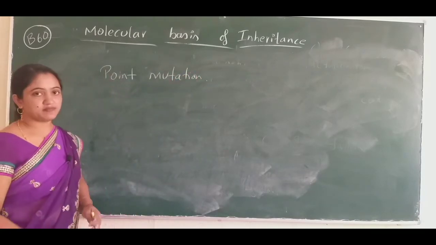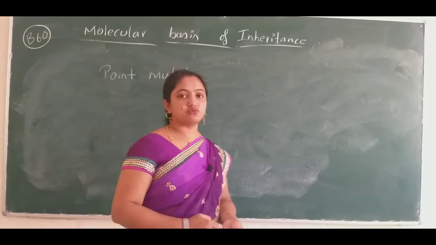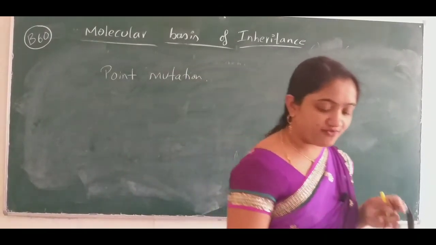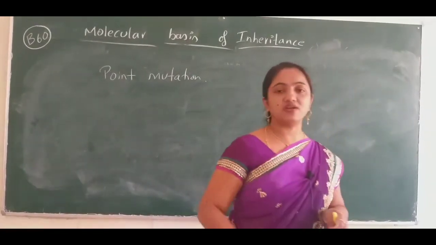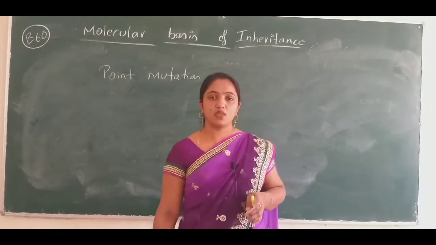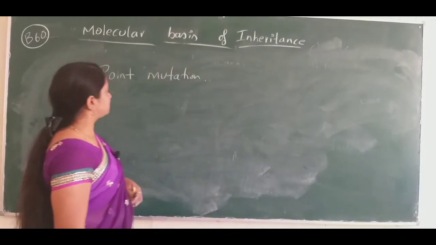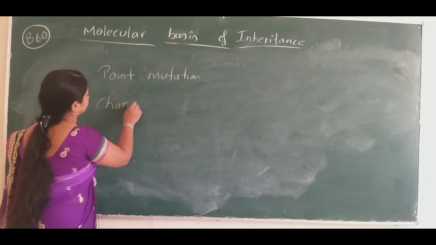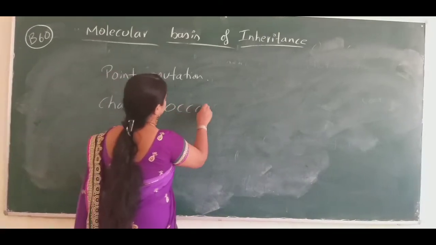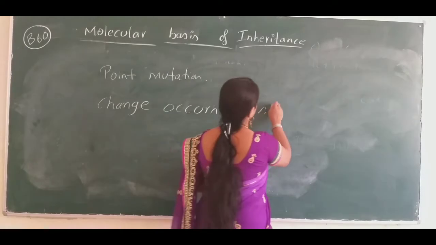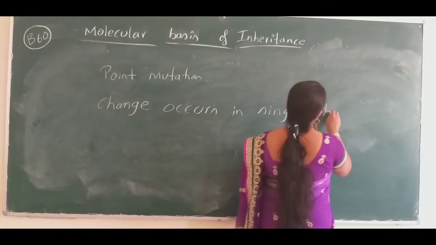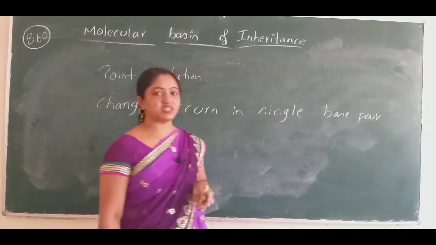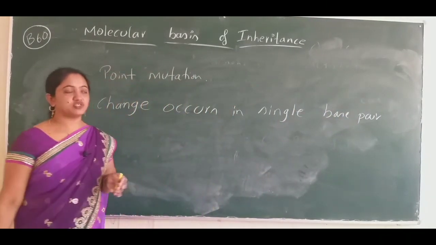So today we are also discussing the point mutation and the frame shift mutation or deletion mutation. The point mutation is the mutation where a change occurs in a single base pair or single nitrogen base.